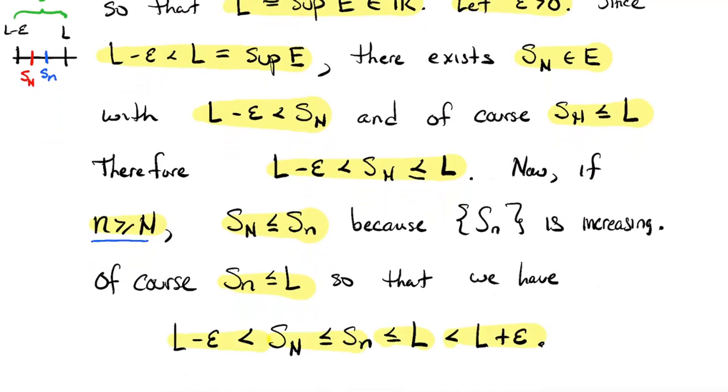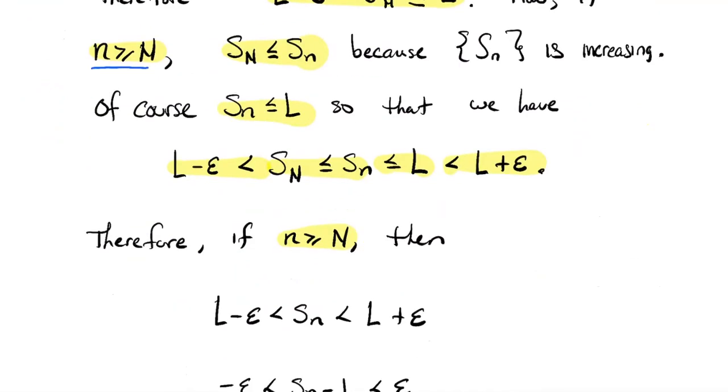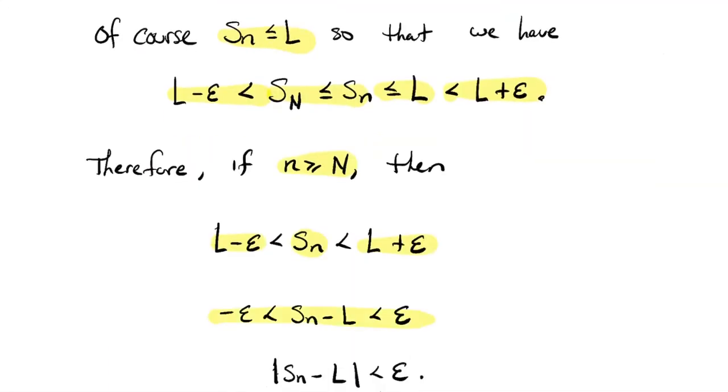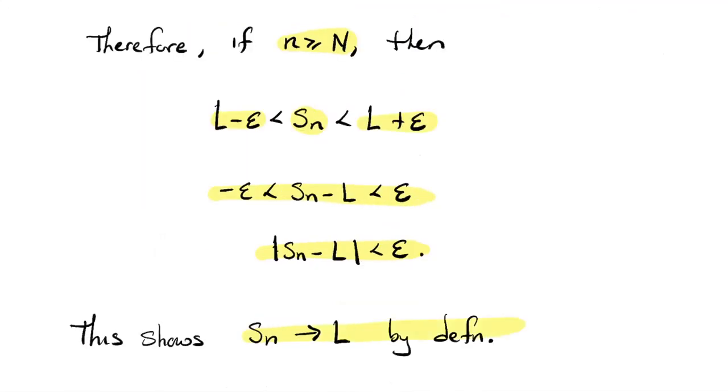So if n is greater than or equal to capital N, I've got my sequence terms between L minus epsilon and L plus epsilon. That's certainly equivalent to S sub n minus L being between negative epsilon and epsilon, which is in absolute value form that statement. All right, so by definition, the sequence converges to L.